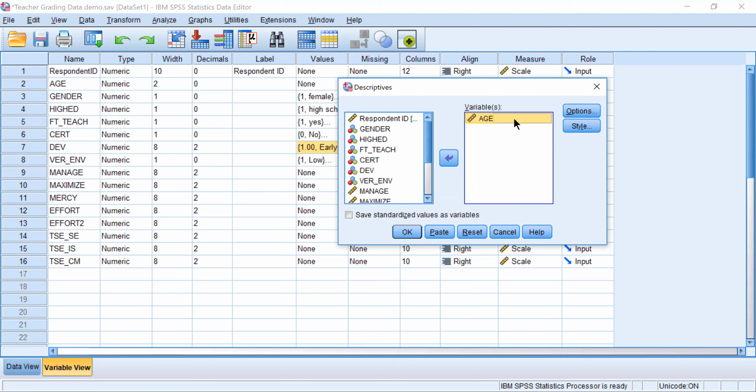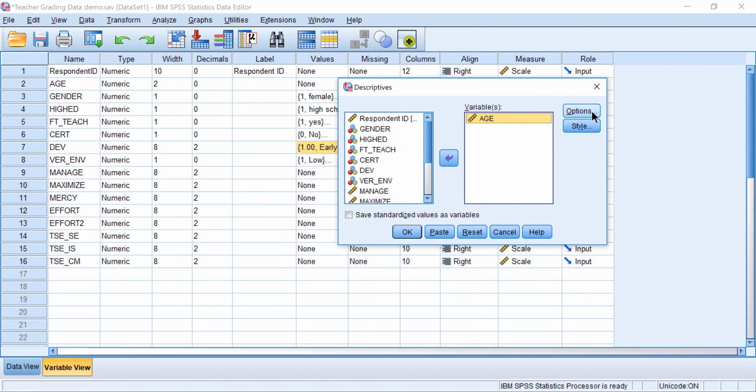So the mean age from your sample would be transformed into a z-score of 0. An age that's one standard deviation above the average age would be transformed into a z-score of 1, and so on. That's not useful for our purposes, and it's not checked by default, but occasionally it's a useful option.